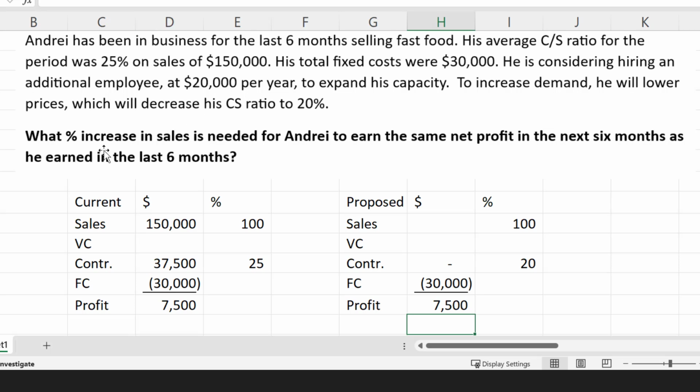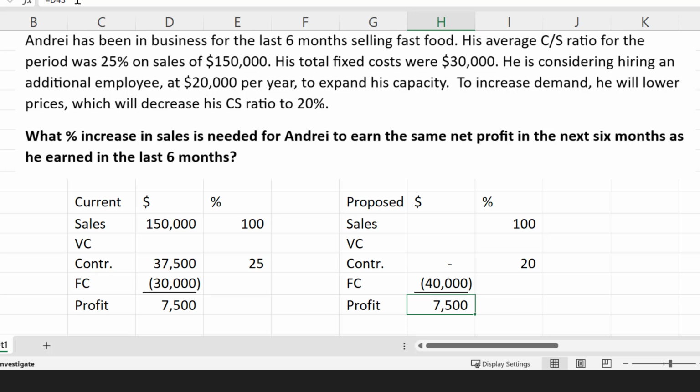Now here's the trick. We're only talking about 6 months. That's half of a year's salary. So half of 20,000 is 10,000. So the fixed costs will go up to 40,000. Current fixed costs plus 10,000. Okay.